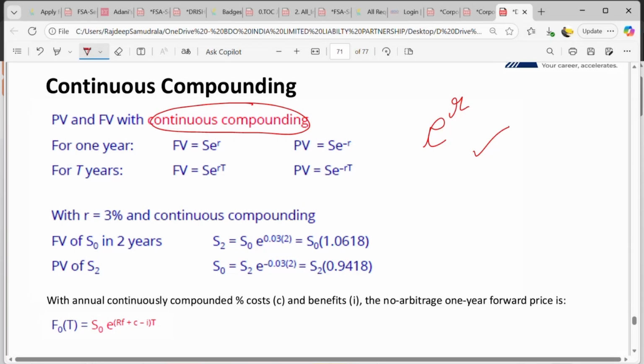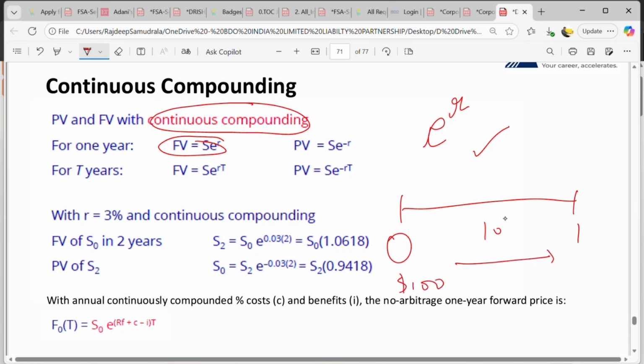Okay. 1 year, 2 years, and so on. So fair values, spot e raised to r. So if I tell you what is the future value from 0 to 1, let's say the value of $100 after 1 year, if it's 10%, you'll probably say it's 110, correct? But what you did, you did simple. If I told you to do compounding, you'll say how much compounding?